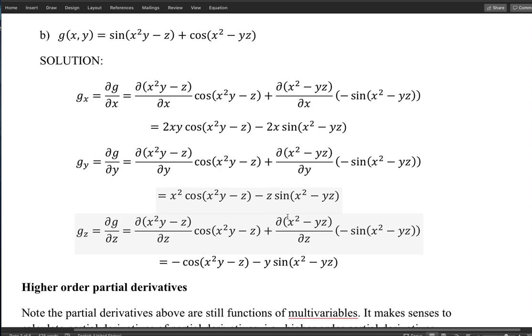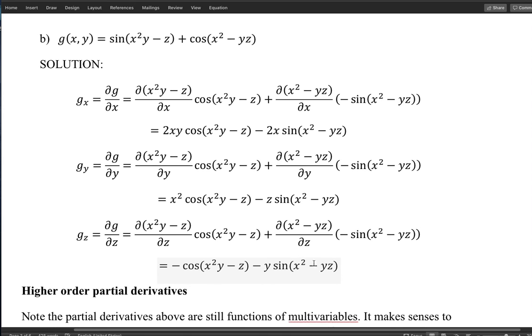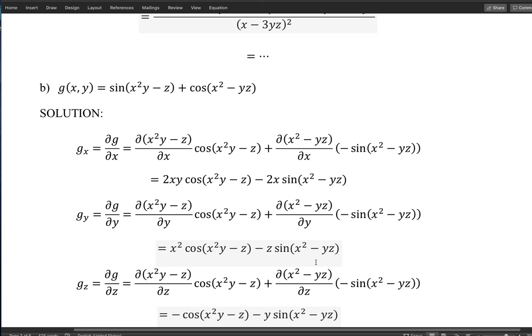I believe it's, let me try to see if I'm correct. Partial derivative with respect to z, this is -1. With respect to z here, it's -y, right? -y, so I'm having -y of sine of x squared minus yz. Actually, this is not a y sub z, sorry. This is just y times z, okay. Sine of x squared minus y times z. So I say mostly that's all about it.